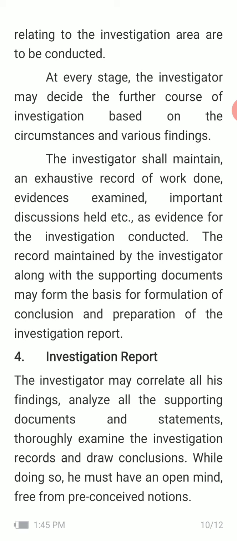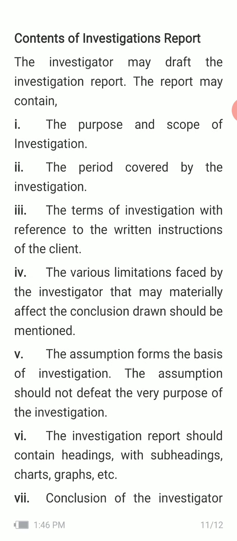He will check everything. Based on that, he will prepare the investigation report, draw the record, and write the conclusion. While doing so, he must have an open mind, free from preconceived notions. There won't be any restrictions while doing this.